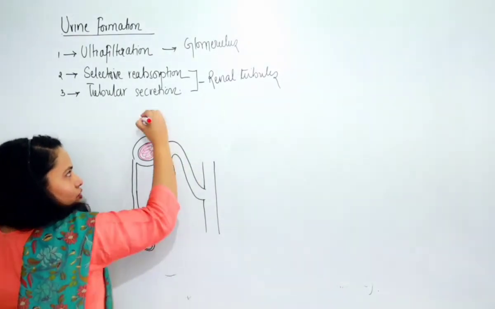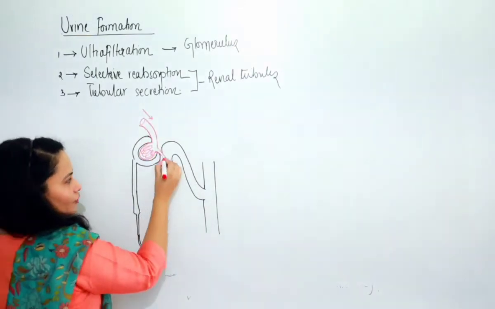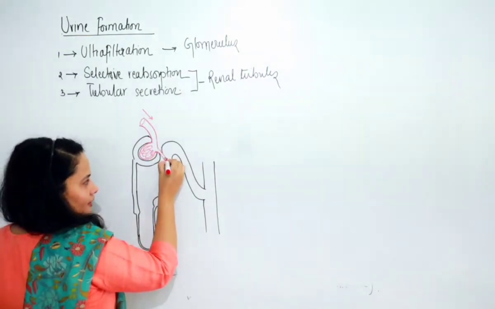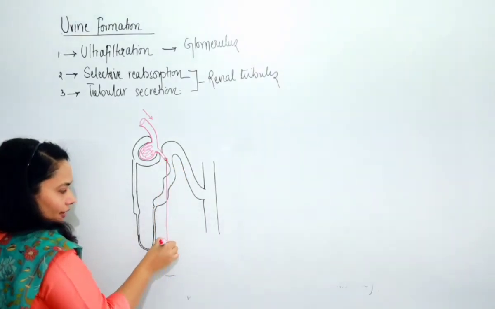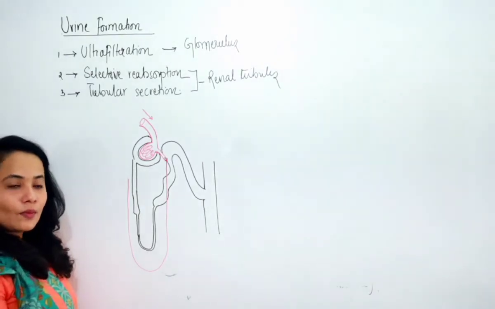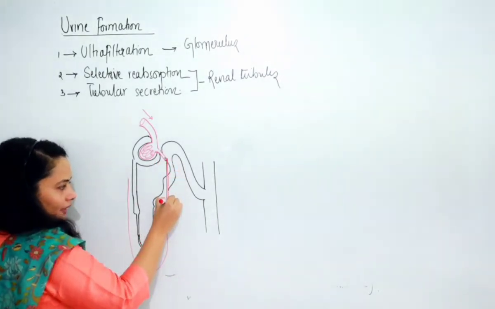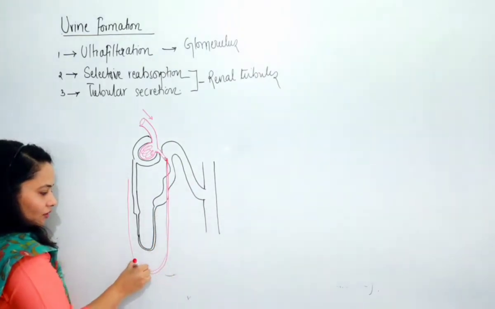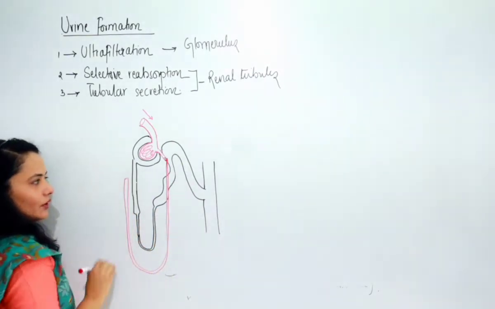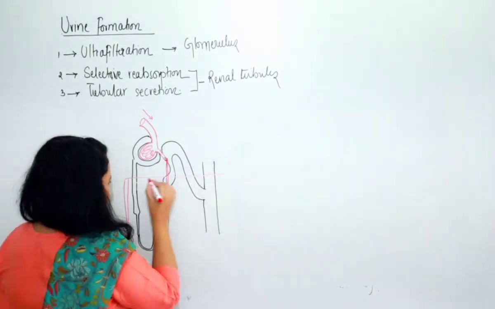This one has a broader diameter as it enters, and from here it comes outside as an efferent renal arteriole that forms a loop over the structures. This is now the blood capillaries having filtered blood. This is an important point we are discussing, so you have to be attentive.